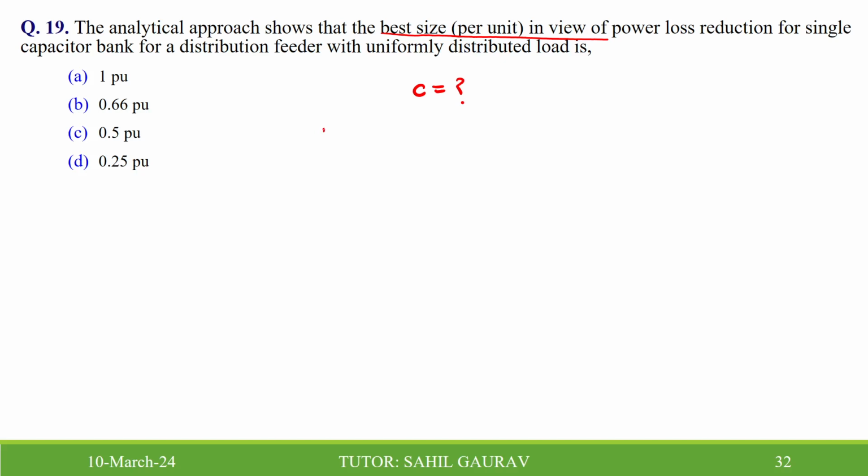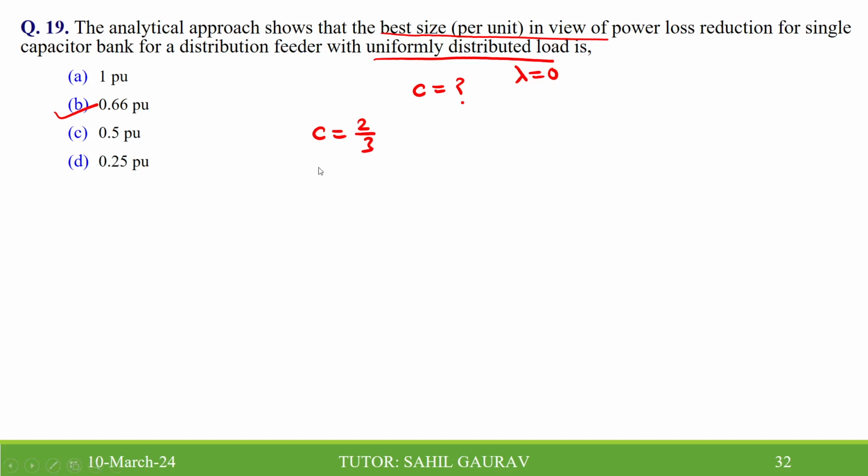Yes, correct. It is the thumb rule that capacitance size should be 2/3 for the uniformly distributed load, that is, lambda equal to 0. So for uniformly distributed load, this is the thumb rule that the capacitor size should be 2/3 and it should be installed at 2/3 the length of the feeder.